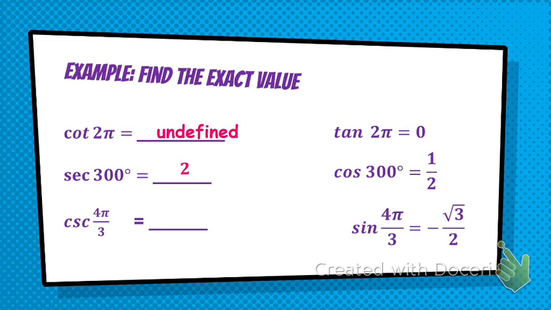And if sine's negative, cosecant's going to be negative. Those are reciprocals of each other. The sine of pi over 3 is just the square root of 3 over 2, the y value at pi over 3. So cosecant of 4 pi over 3 would just be negative 2 over square root of 3. And that is all we have for today on reciprocal trig functions.